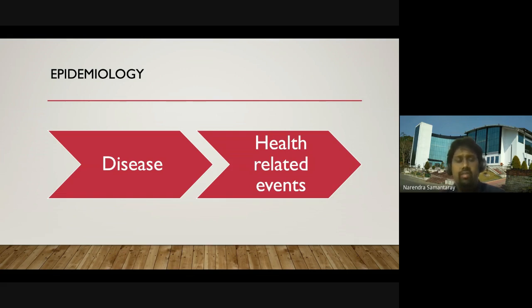It may be quality of life, it may be happiness, it may be adjustment issues. Those things are also related to that. Hence, we can say that it is a science dealing with the distribution of health related events and the factors determining or influencing these health related events in the population, and how the information can be used for the betterment of human beings.